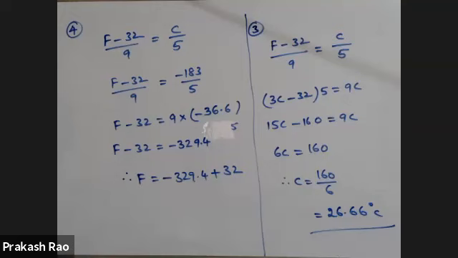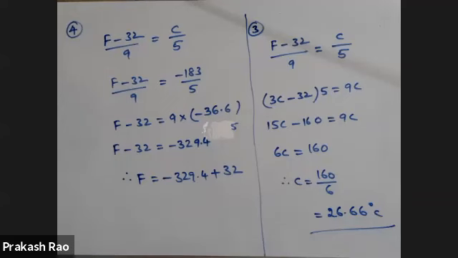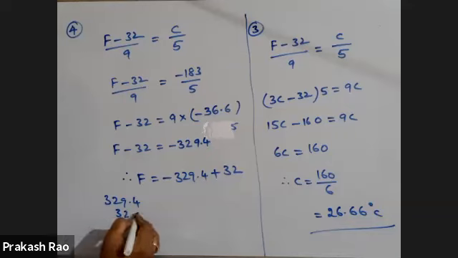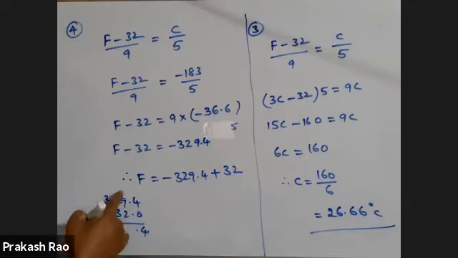Look at the answers once. Sir, 361.40. Madam, you should get minus 297. Minus 329.4 plus 32, you get minus 297.4.